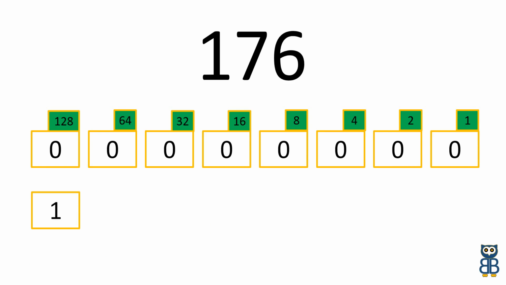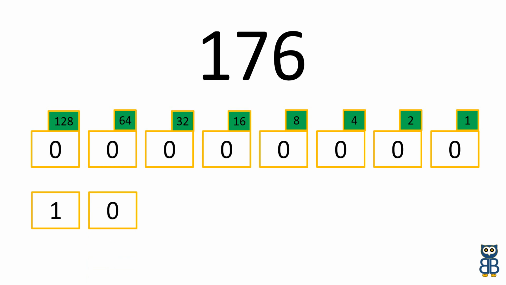If the total is greater than 176, we need to skip this value and keep it turned off. If the total is less than 176, then we need to turn on the binary value. Now check this: the total value of 128 and 64 is 192, which is greater than 176. Hence we'll not consider this value and keep this binary turned off.